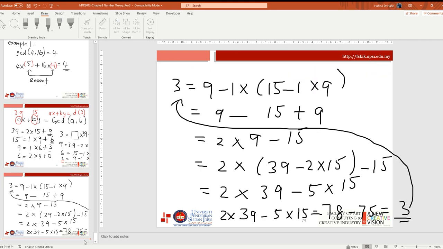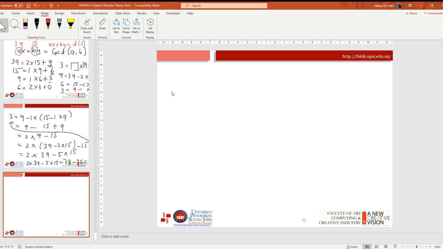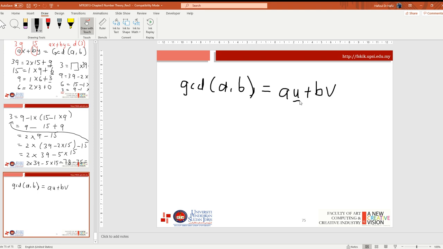Contoh lain kalau kamu tak faham lagi, saya bagi satu lagi contoh. Kalau ada yang tak faham lagi. Kita ada GCD AB sama dengan AU plus BV lah. Kita nak cari U dengan V ni. Contohnya kita ada 4 dengan 16 lah.